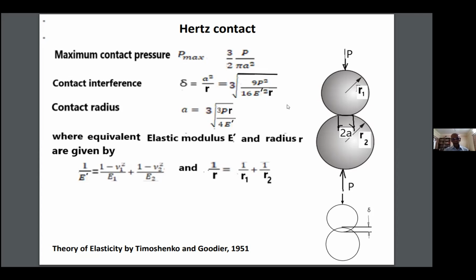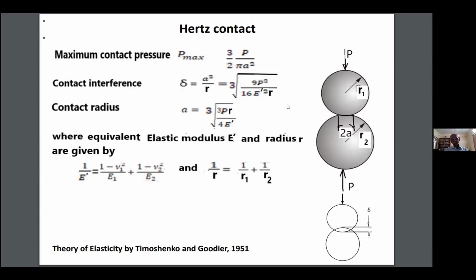So with this, in this slide we learned that when two spherical bodies are in contact, or any two curved surfaces are in contact, then the maximum pressure is given by 1.5 times the nominal pressure P by pi a square, a being the radius of contact.